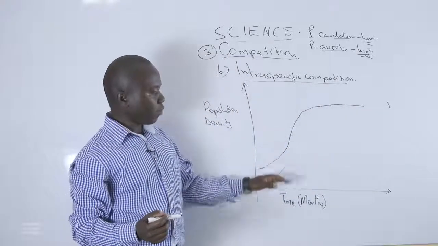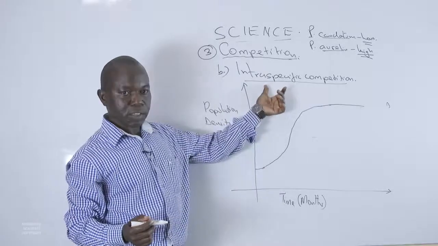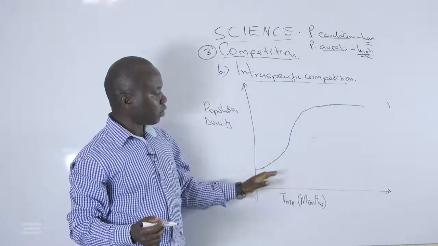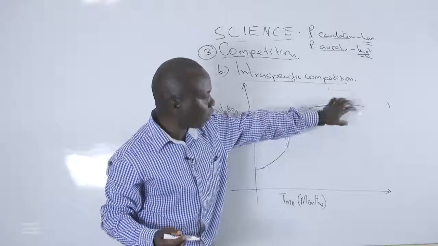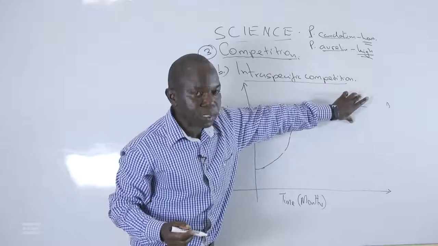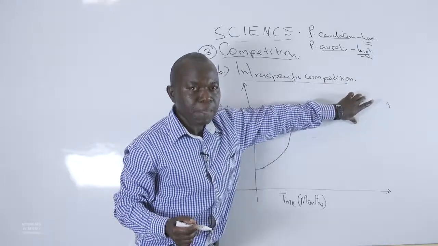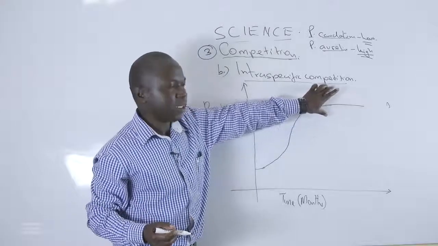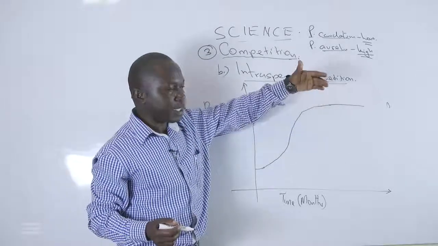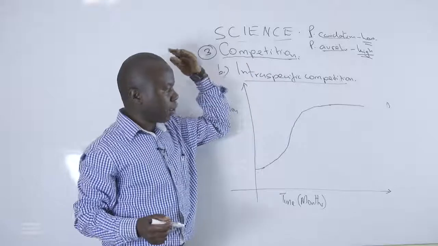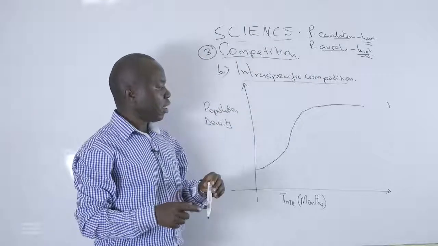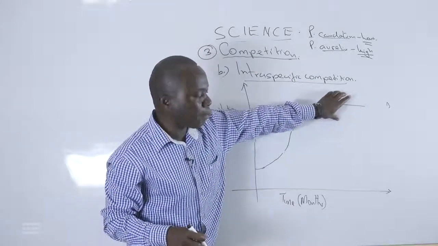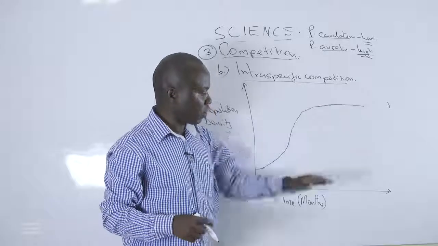So this is the kind of growth that will happen in case of intraspecific competition. There'll be normal growth like that, but now competition will start happening at that point. Why? Because of limited supply of resources like space, breeding sites, mates, and several other factors. That's why it is a plateau phase, constant.